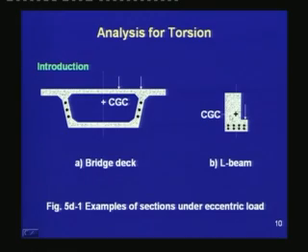In equilibrium torsion, the analysis can be done based on equilibrium of the forces only, and the members have to be designed for torsion because there is no chance of redistribution. Usually these members are statically determinate members, and hence we have to design for torsion because there is no redundancy in the members to resist torsion.